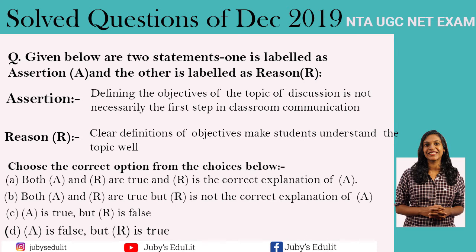Why? Because when a teacher starts to teach, he or she tries to tell the students that we are going to learn this, we are going to learn that for today's lecture. Why? Because the students get an understanding of what they are going to learn.